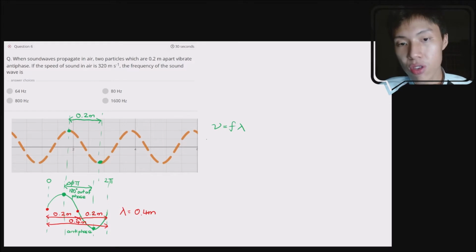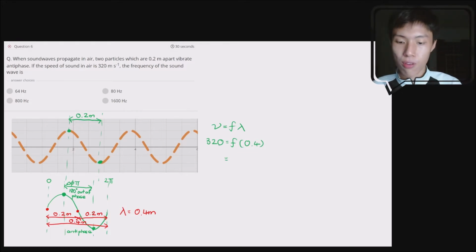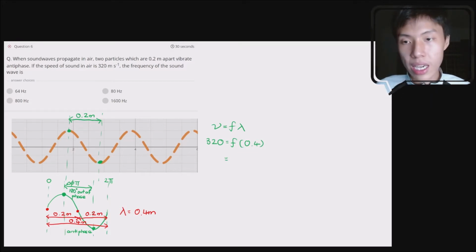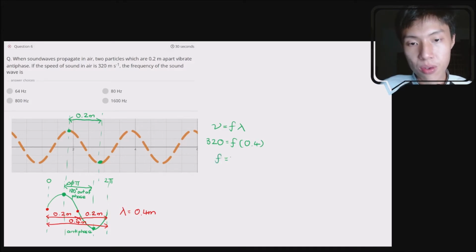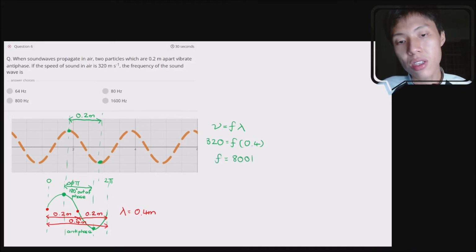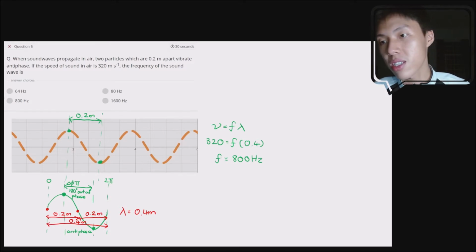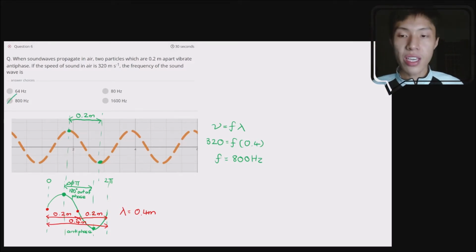Your v is 320, your frequency is what you're interested to find, and your wavelength is 0.4. So from there, you can know your frequency to be 800 hertz. So the answer is this one over here. Okay, so that's how you solve the problem.